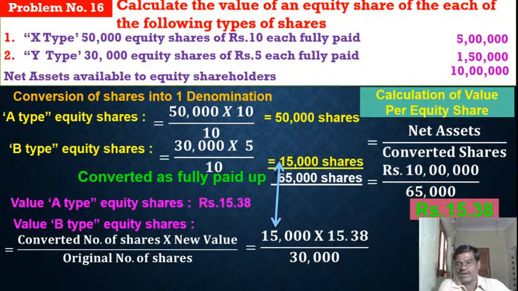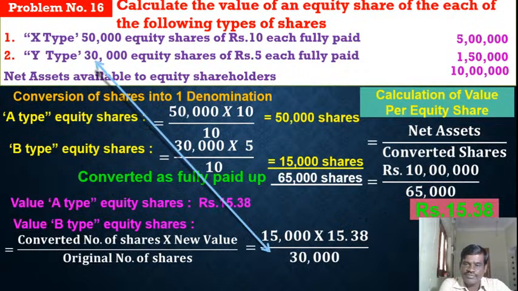30,000 shares were there, and we have converted them into 15,000 shares. We have converted 30,000 shares into 15,000, so you should take 15,000 shares into the new value, 15 rupees 38 paisa, divided by the original number of shares.